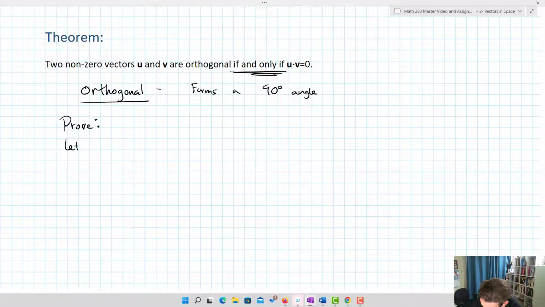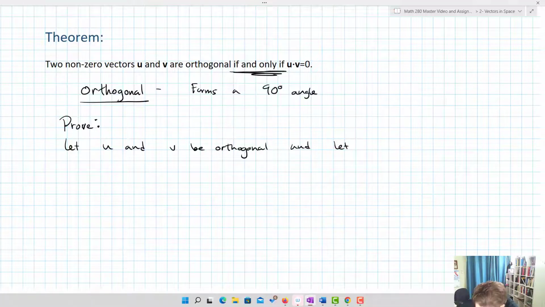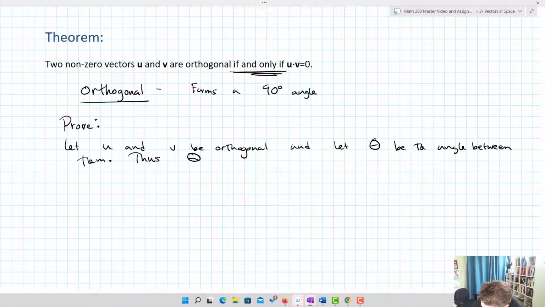We're going to say let u and v be orthogonal, and we'll let theta be the angle between them. Since they are orthogonal, that means that theta equals pi over 2. It's a 90-degree angle. Okay?